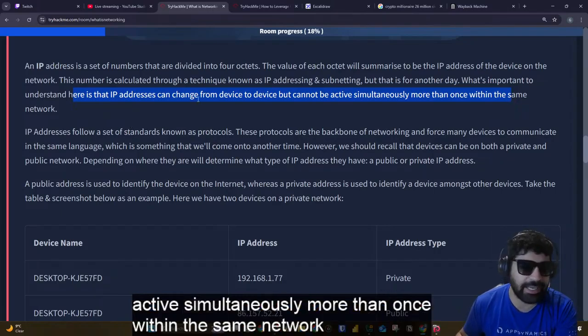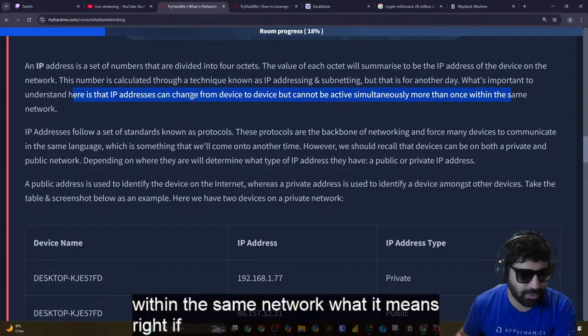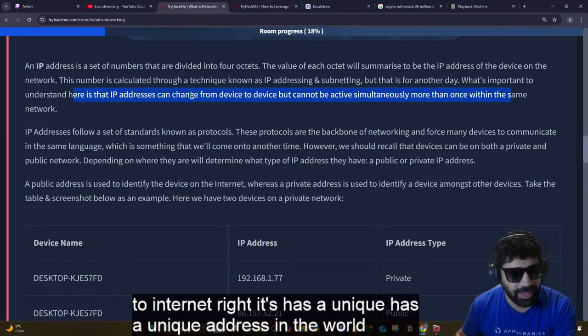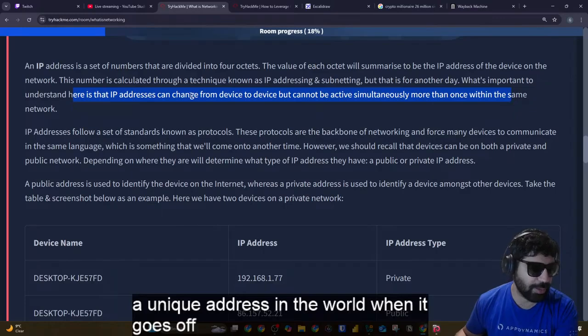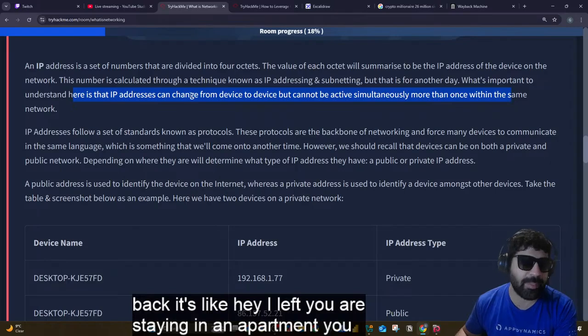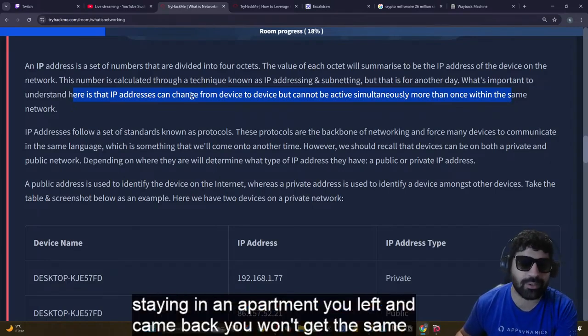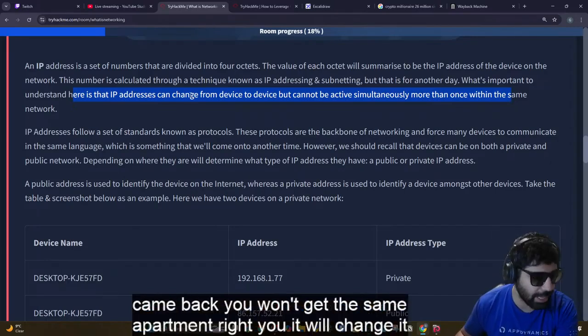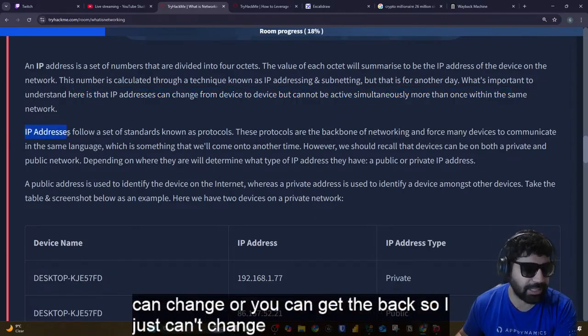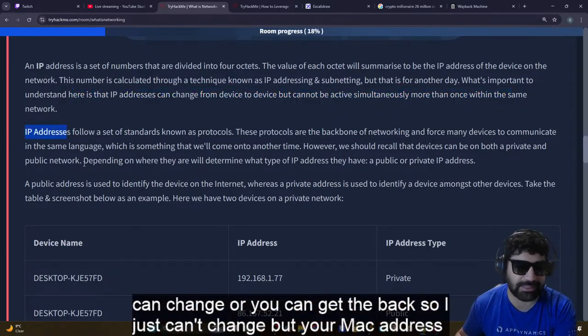What it means is, if your phone is connected to the internet, it has a unique address in the world. When it goes off the internet and comes back, it's like you are staying in an apartment, you left and came back. You won't necessarily get the same apartment. It can change, or you can get it back. So the IP address can change, but your MAC address will remain the same.